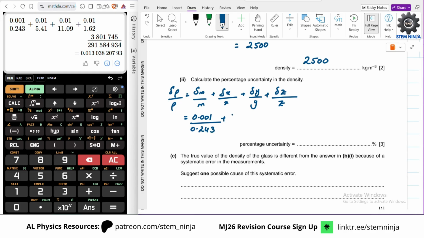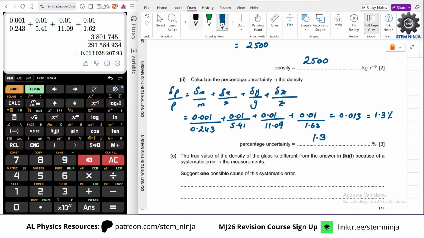Once you have 0.013, this is a decimal number. To convert it into percentage, this would become 1.3%, just simply multiplied by 100.